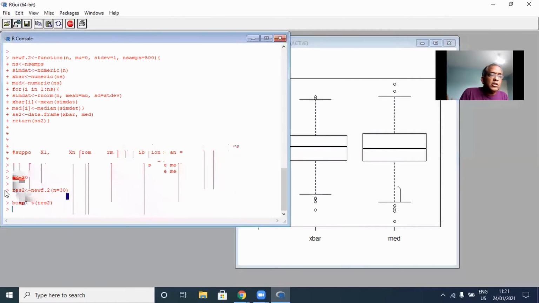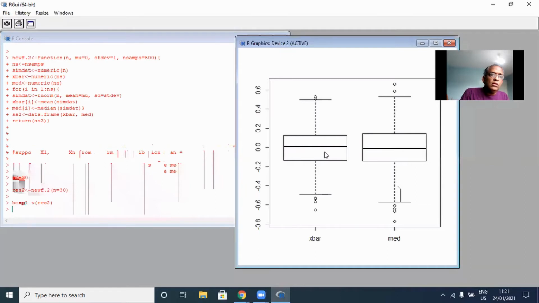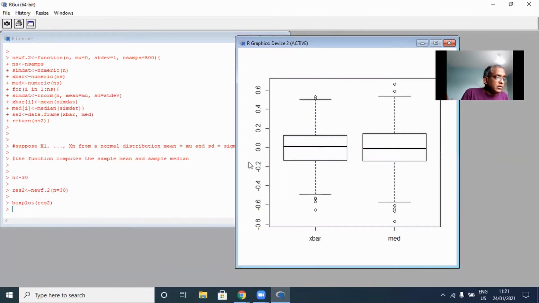So what this command here has done is it has computed values of the sample mean and the sample median with n equal to 30. It computed 500 values of sample mean and 500 values of sample median, each with n equal to 30.